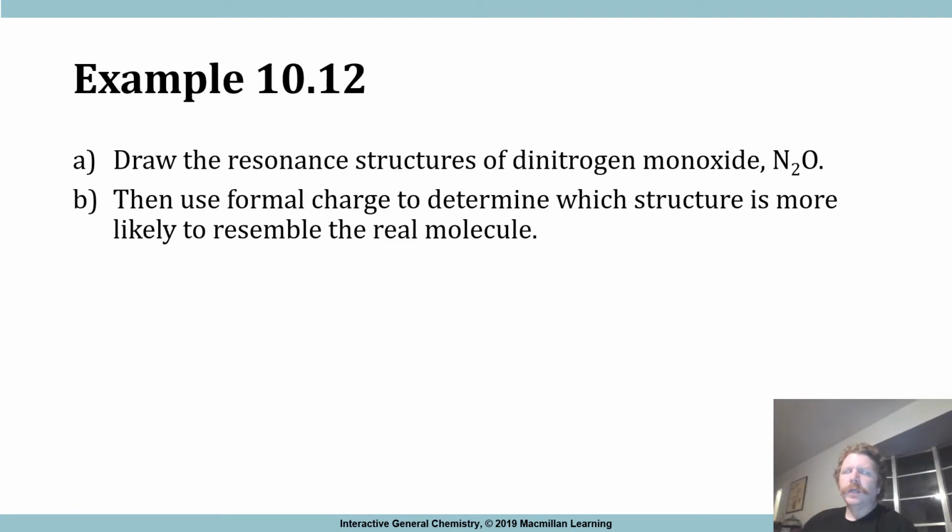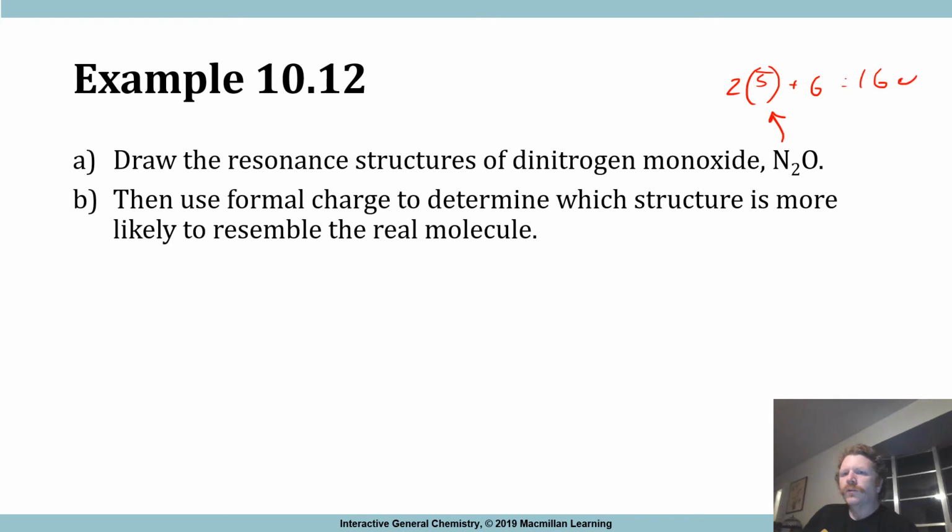I think the best way to attack this is to draw a molecule and draw the resonance structures of dinitrogen monoxide, which is N2O, then use formal charge to determine which structure is more likely to resemble the real molecule. Okay, so we've got N2, 2 nitrogens, 5 valence electrons each, plus 6.